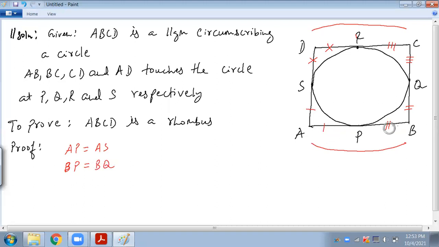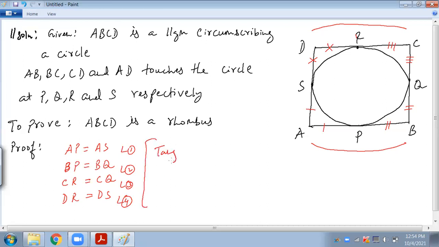So I'm taking the parts of AB, that is AP and BP, on the left, and the other things on the right. Same way, all the parts of CD on the left: CR equal to CQ. Again, same way, DR equal to DS. We can mark them 1, 2, 3, 4.